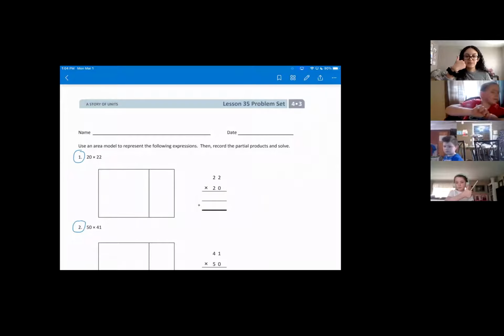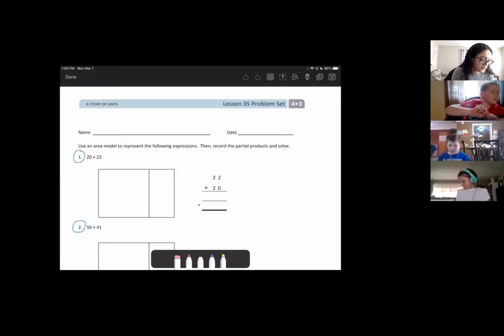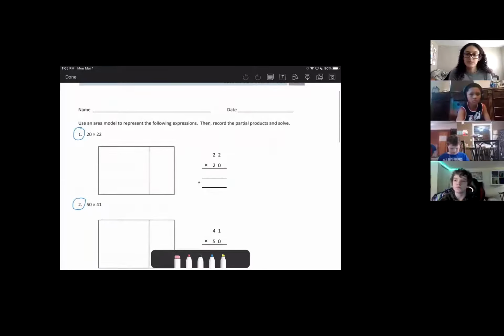And does everyone have their pencil ready and their book? Page 177. Alrighty, so we're gonna do number 1 together. And just so you friends know, I'm using my iPad to do my problem, so I have to use my finger. So bear with me and my handwriting since I don't have a pen or a pencil like you guys.